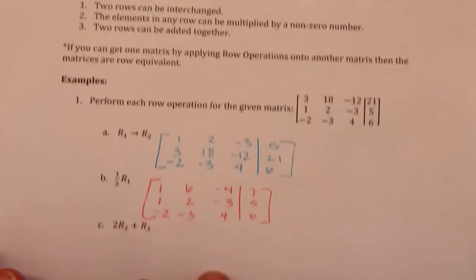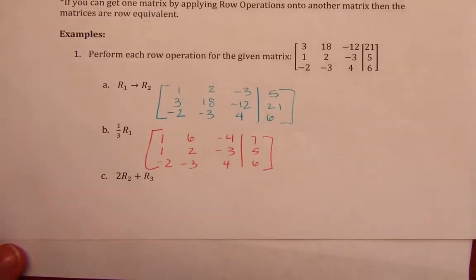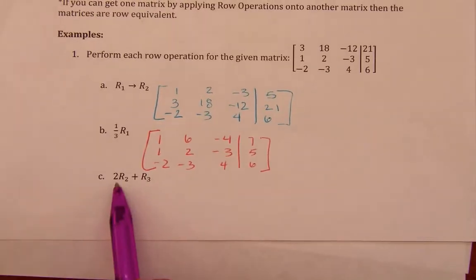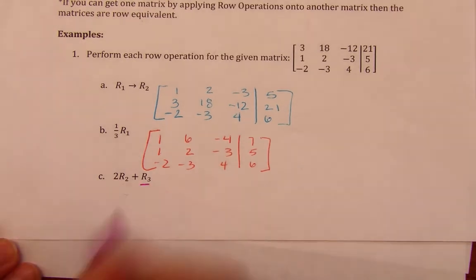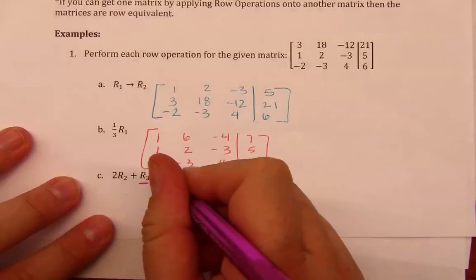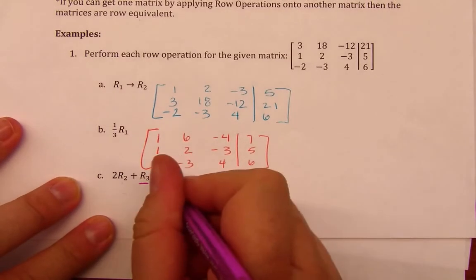Okay. Now this last row operation here is telling us that we're going to multiply row 2 by 2, and we're adding that value to row 3. So the only row changing is row 3. So before we do anything else, I'm going to copy rows 1 and 2.